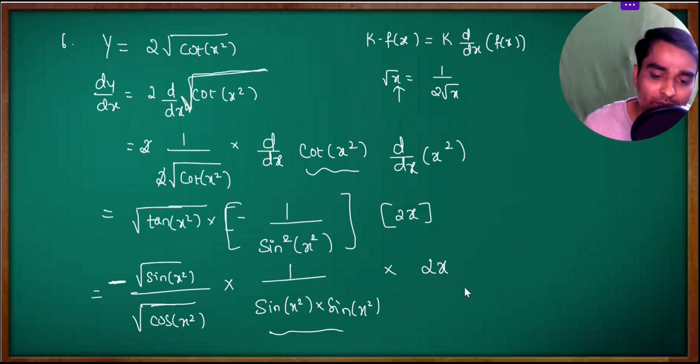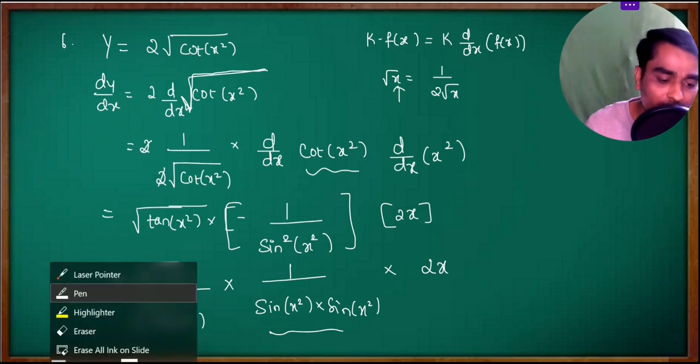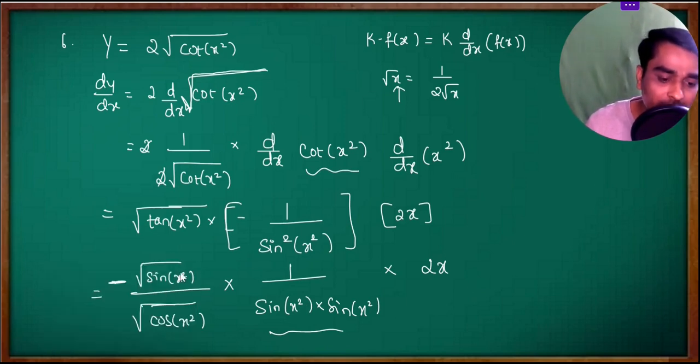Okay. So now finally what I will do here, you see, I will cancel this. One root sine x square will go from here. So one more root sine x square will remain here. Correct.